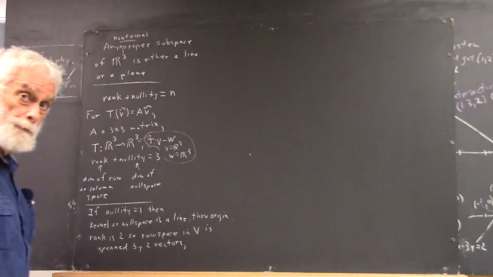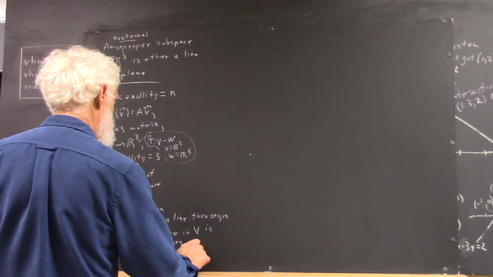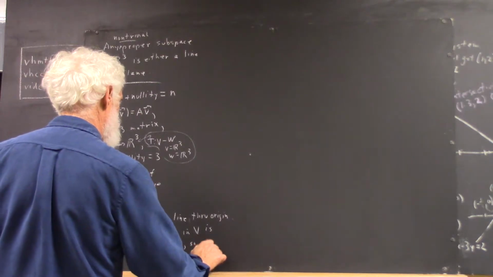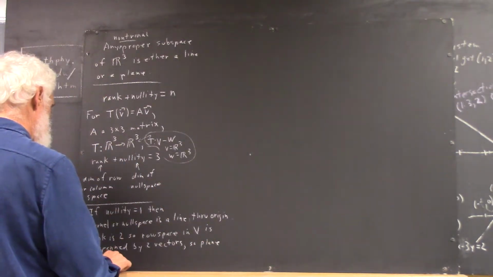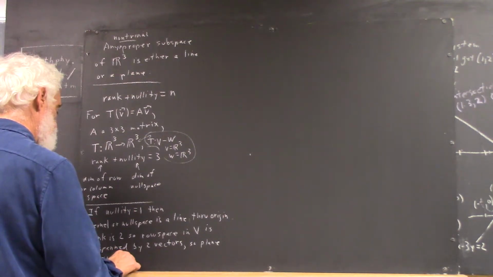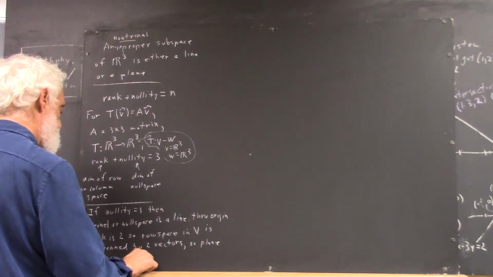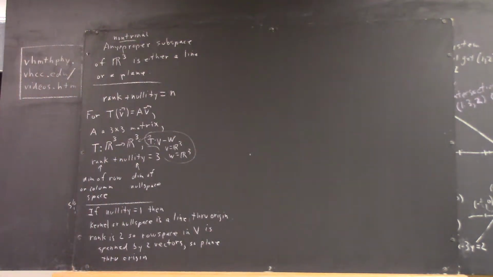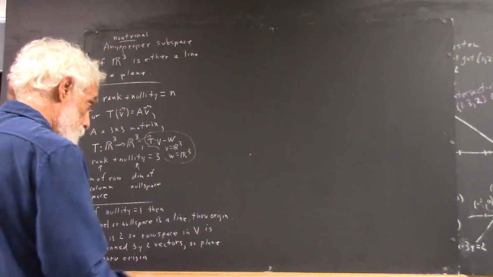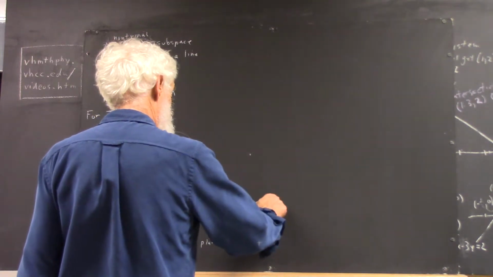So it's a plane through the origin. Okay? So we can attempt to sketch that.